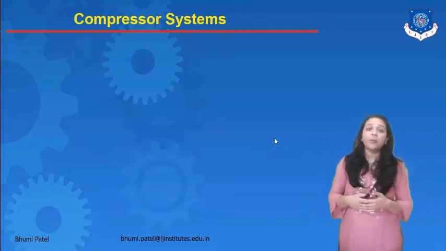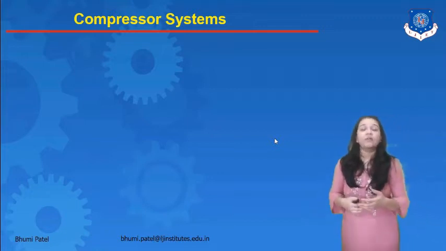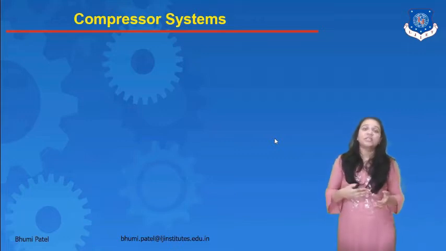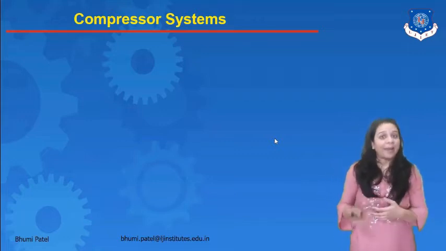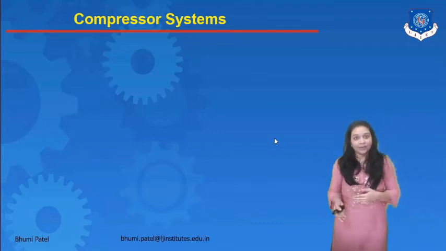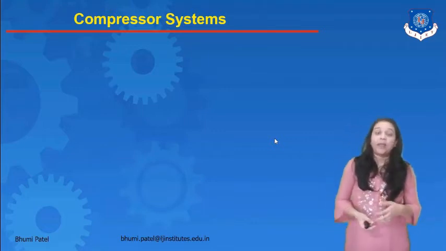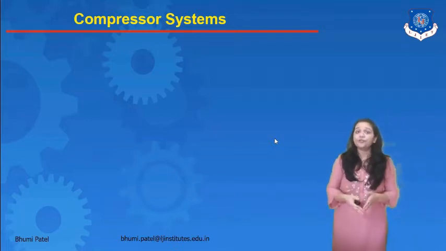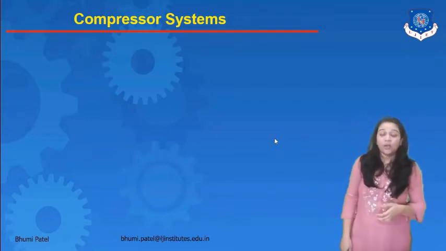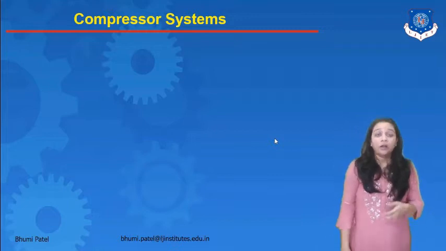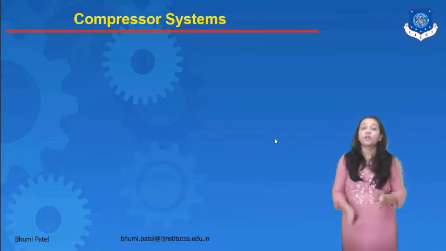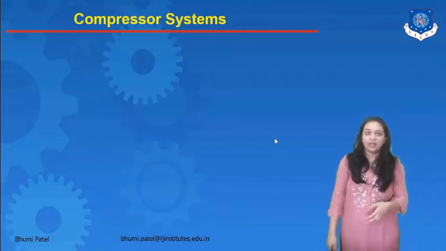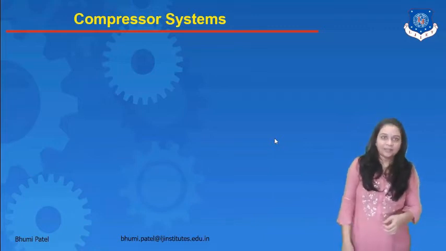Depending upon the application, we select the size of the system, the size of the piping system, the compressor type, or the dryer type, and different pressure levels are used for instrumentation. Nowadays we generally use a 40 psig pressure level for the instrument system.